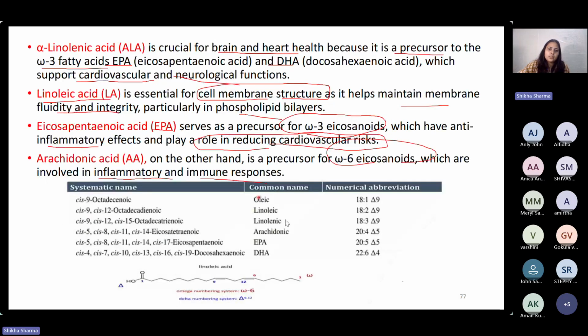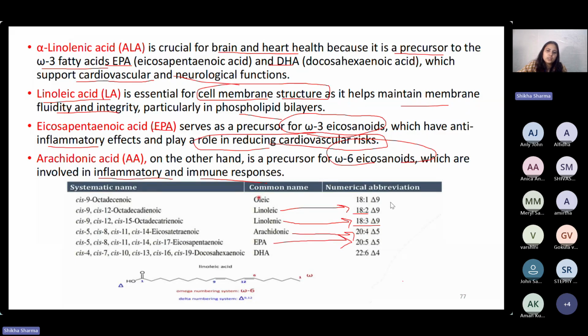So this is linoleic acid, which is 18 carbons and 2 double bonds, and linolenic acid, 18:3, which is also an 18 carbon chain with 3 double bonds. This AA has a 20 carbon chain and 4 double bonds, and EPA is a 20 carbon chain with 5 double bonds.